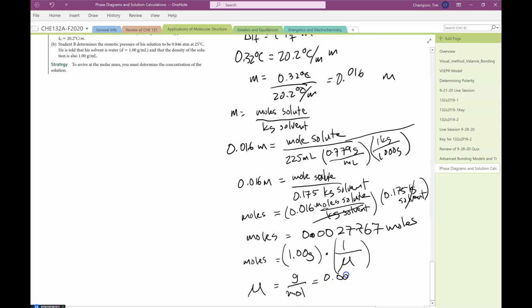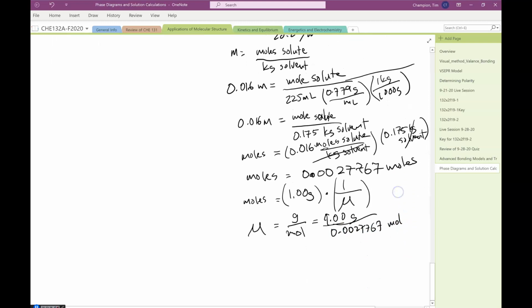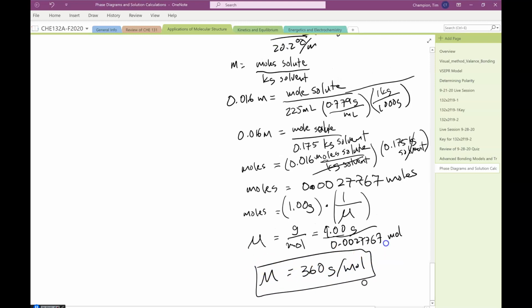And that's 0.002767 over, whoops, nope, I just turned it upside down, didn't I? That's going to be 1.00 grams that were given in the problem over 0.002767 moles. And so when I do that, which I can just do by using the x to the -1 button on my calculator, that gives me a molar mass of around 360 grams per mole. So that's our answer for student A.